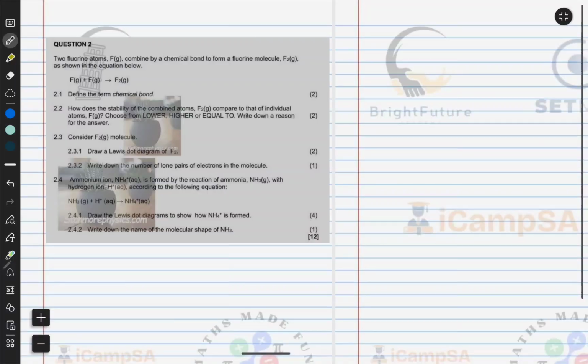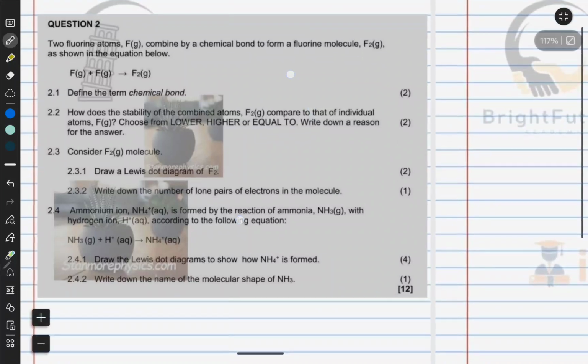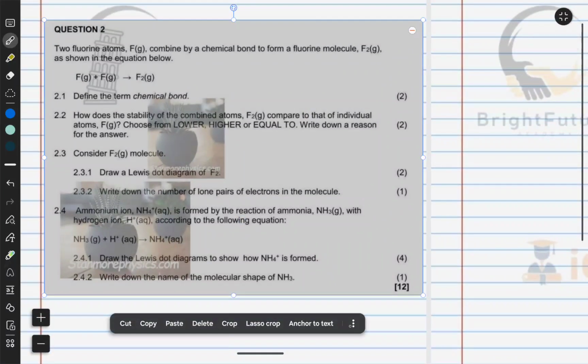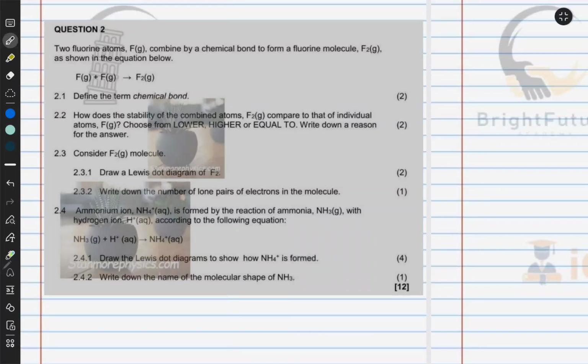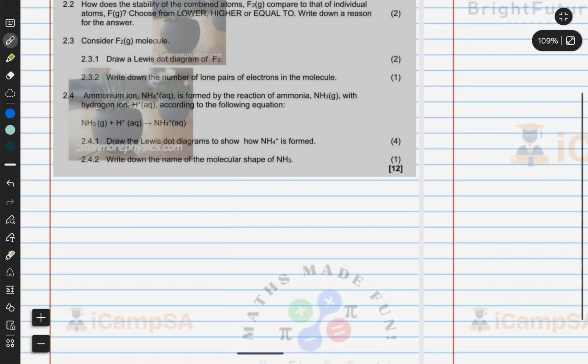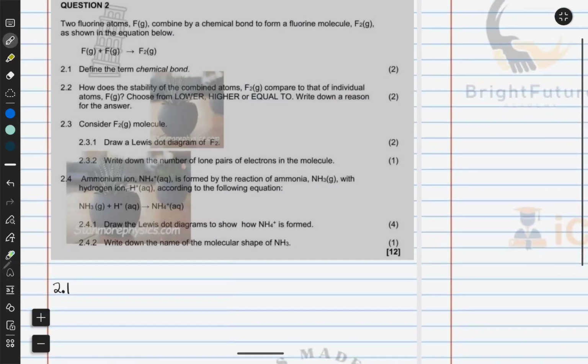All right, so this is from a June 2025 Mpumalanga paper. That's question 2, and we are told that two fluorine atoms combine by a chemical bond to form a fluorine molecule, as shown in the equation below. Now we are asked to define the term chemical bond.